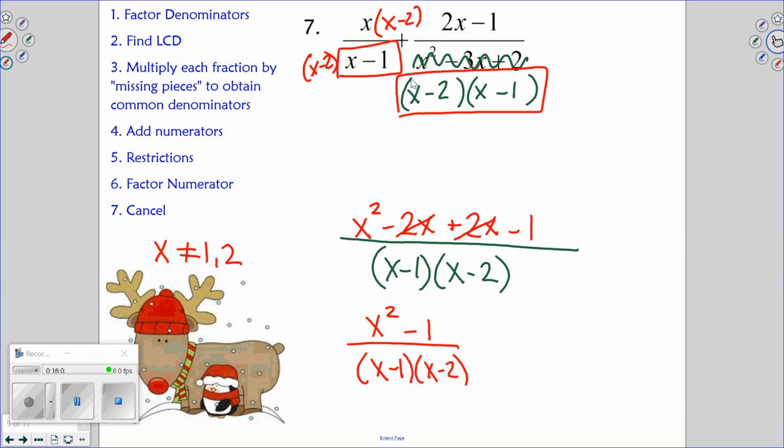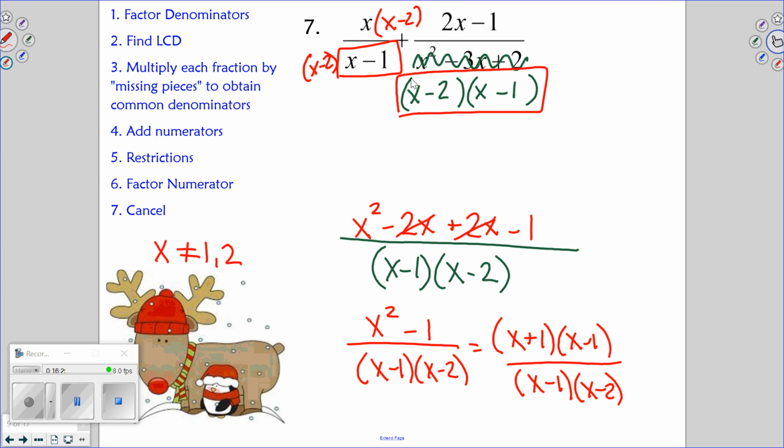Step 6, can you factor the numerator? That's a difference of squares, right? So x plus 1, x minus 1. So that was step 6. I factored my numerator. Step 7, the only time you should be canceling anything is here at the end.